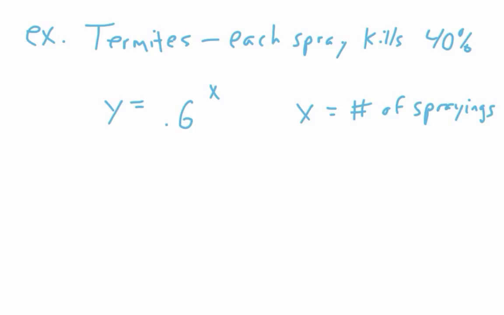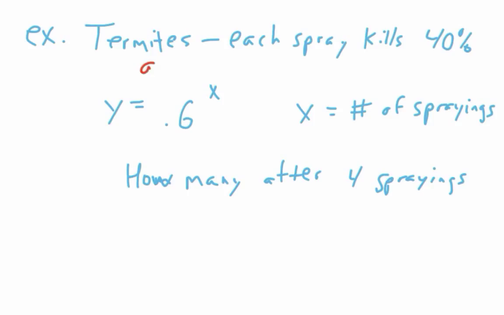So then if the question is, how many are left after 4 sprayings? Well, I mentioned before that the equation later on is going to be a times b to the x. And you're going to learn later on that a is going to be the starting amount.